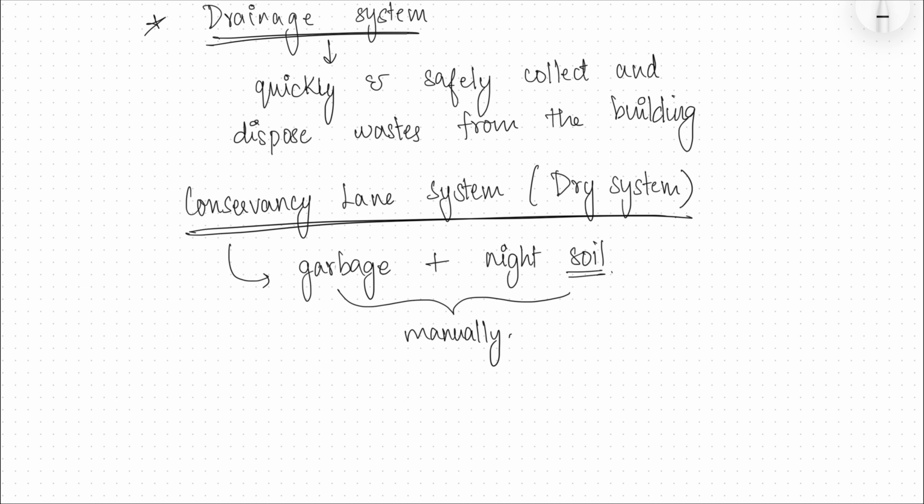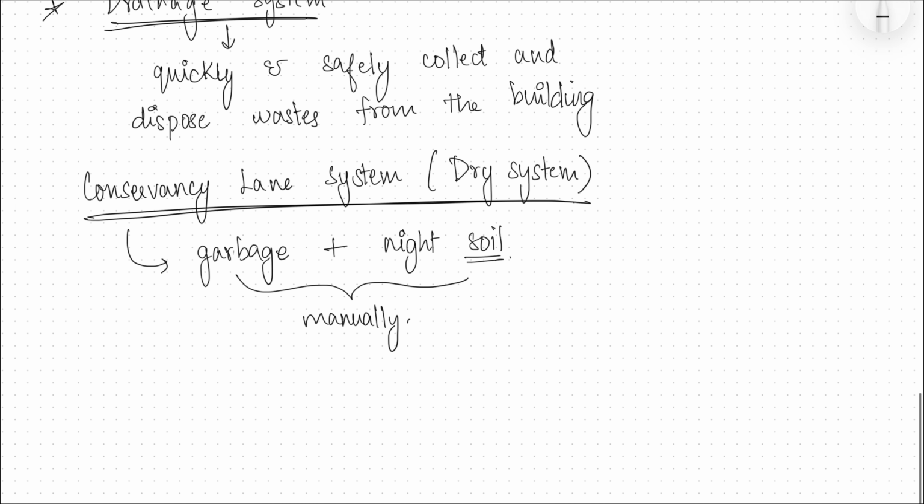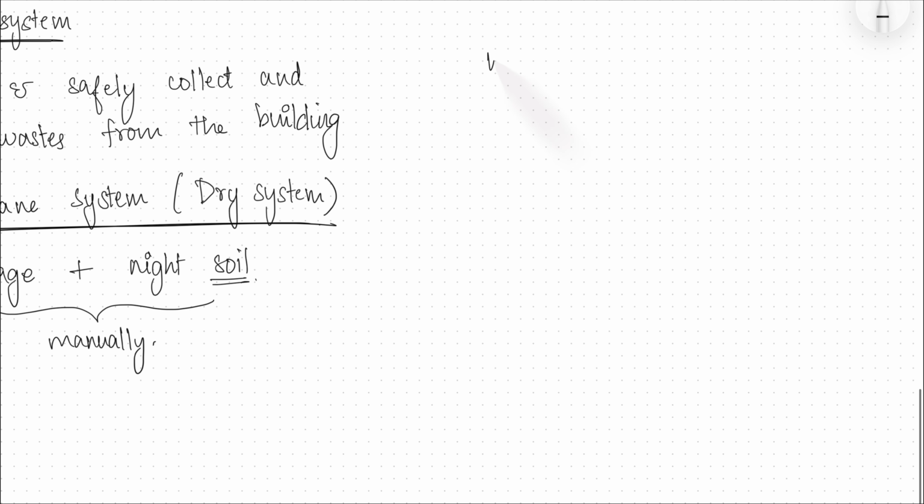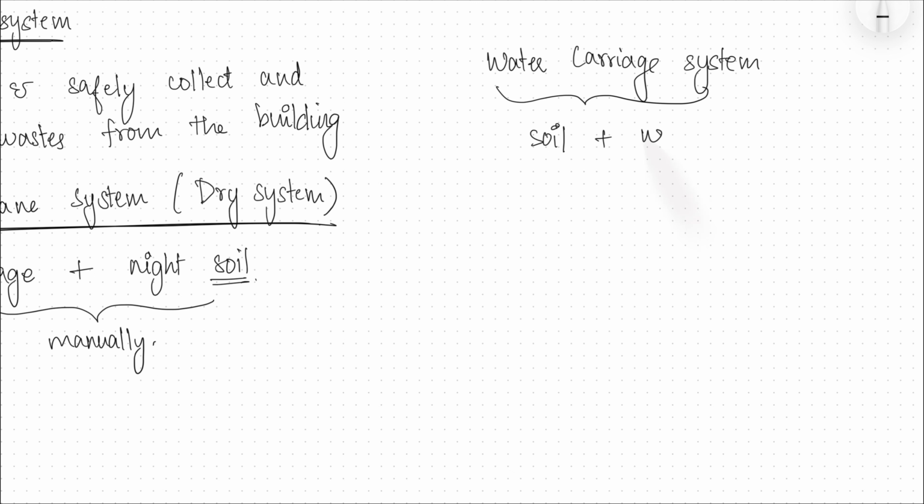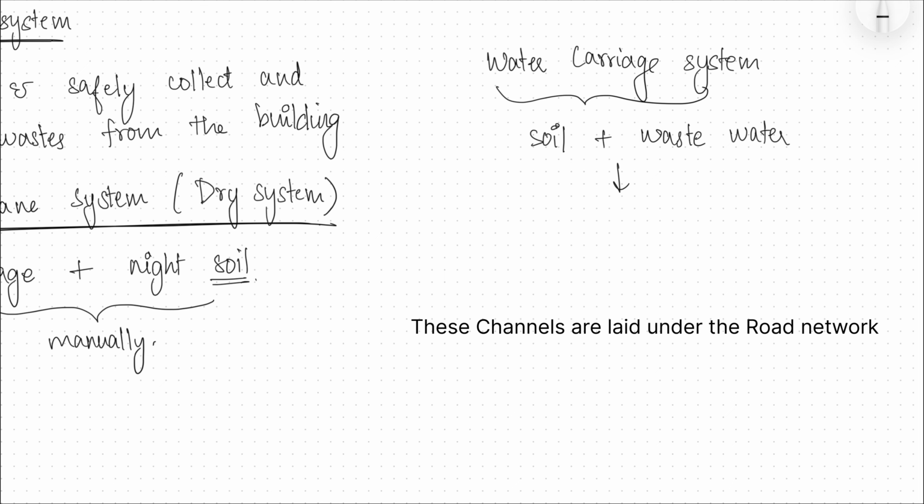So the legislation banned the system, and now we have something called the water carriage system, where both your waste soils and the wastewater are taken through a single channel up to the treatment plant, after which it is treated, and then it's let out into the environment.